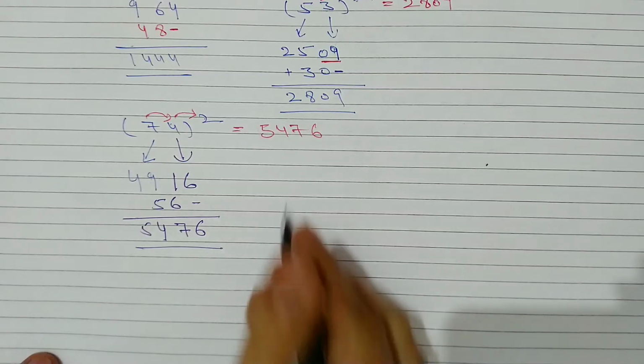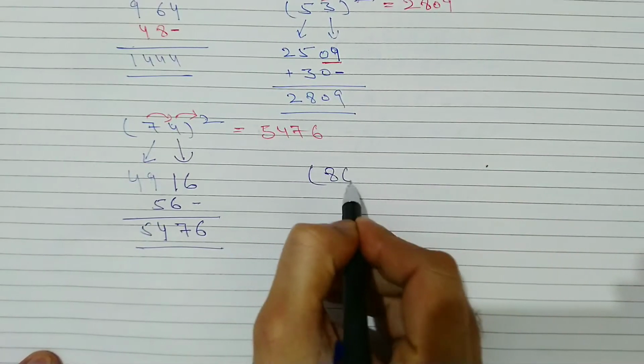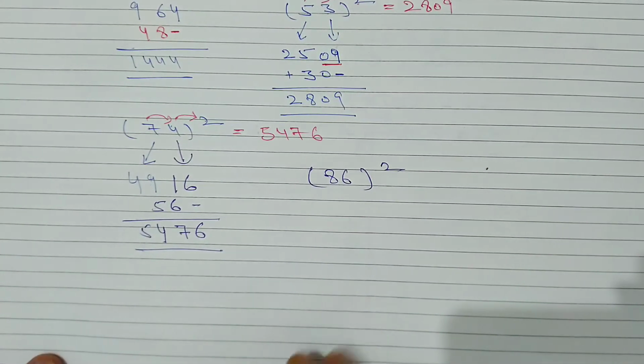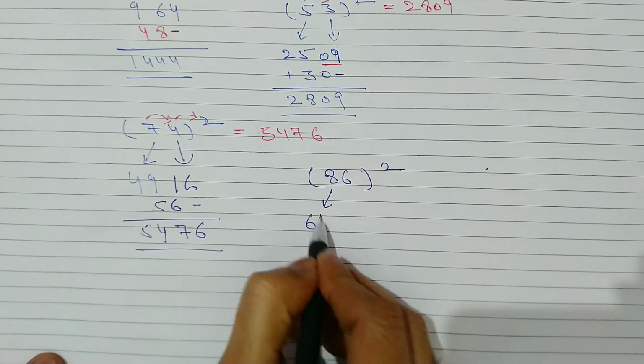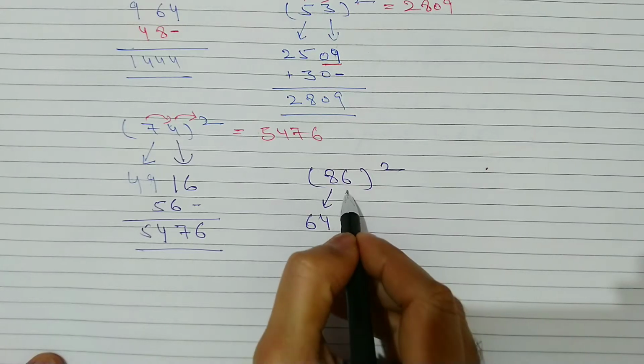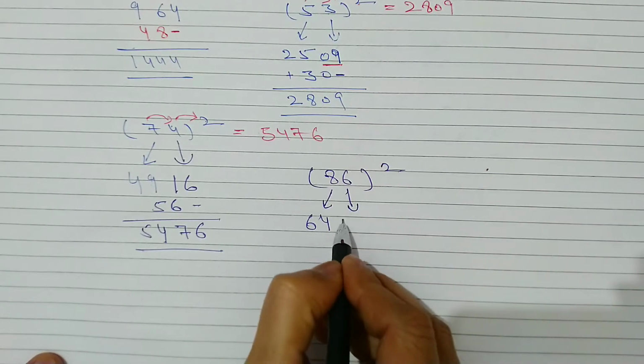One more example. Find the square of 86. The square of 8 is 8 into 8, 64. And the square of 6 is 36.